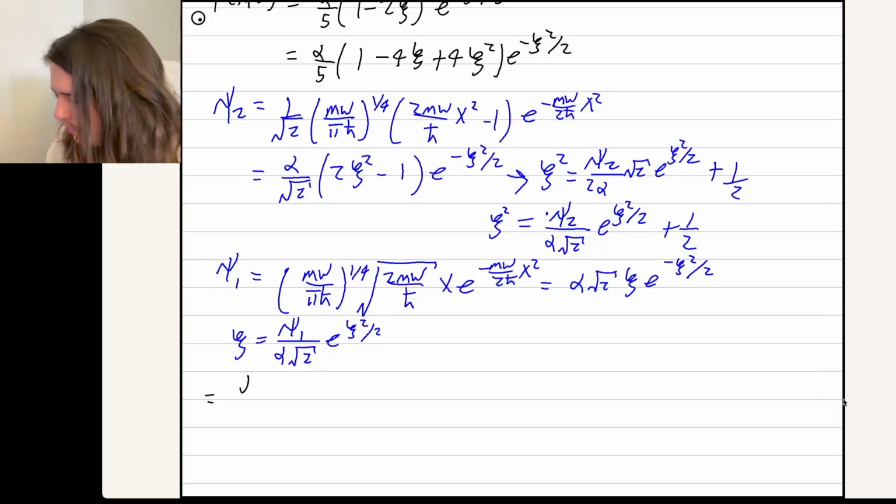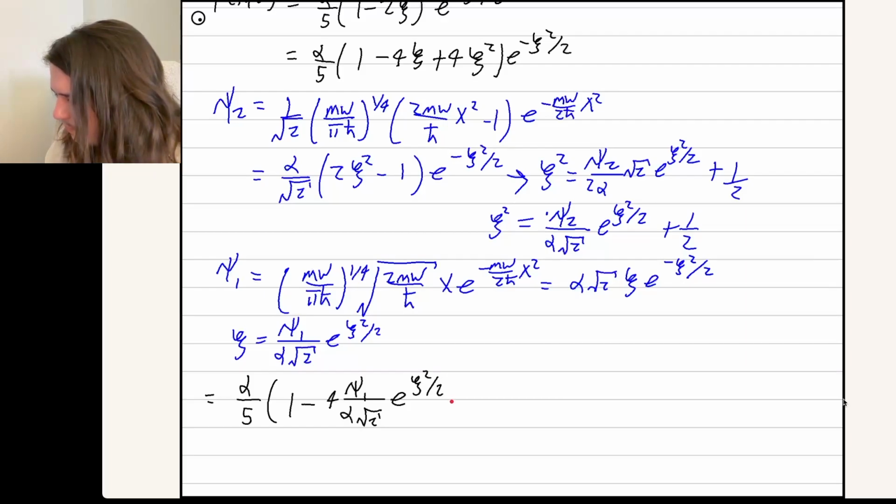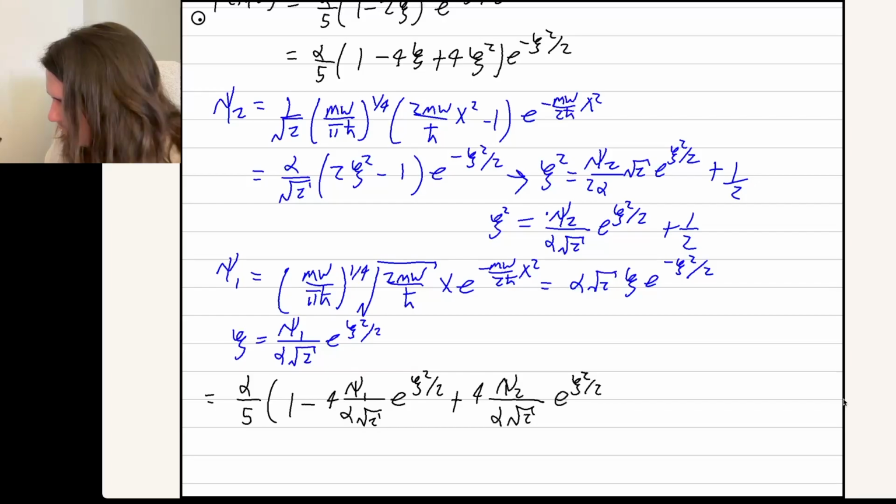So we've got alpha over 5, 1 minus 4 psi 1 over alpha root 2 e to the c squared over 2 plus 4 psi 2 over alpha root 2 e to the positive c squared over 2 plus 4 over 2 times e to the minus c squared over 2.